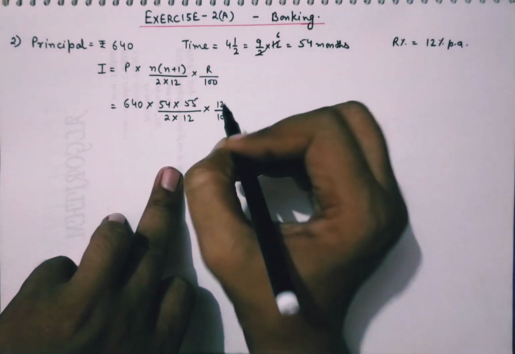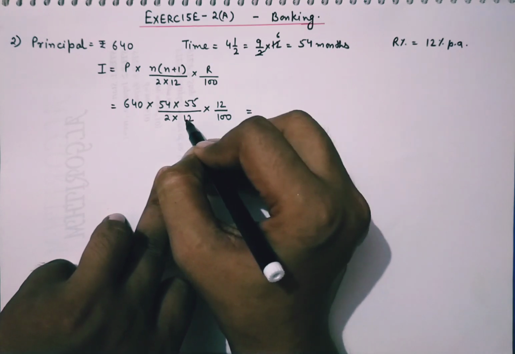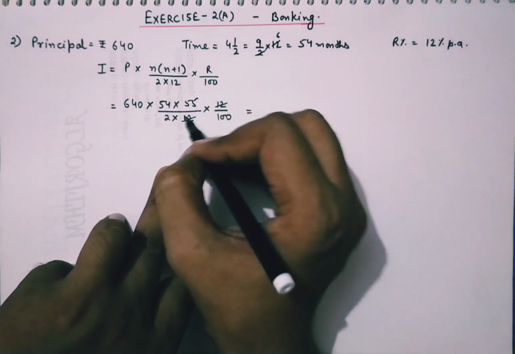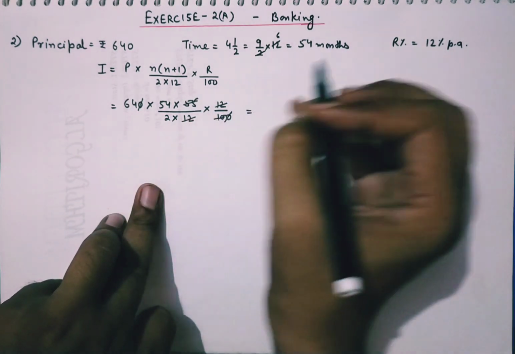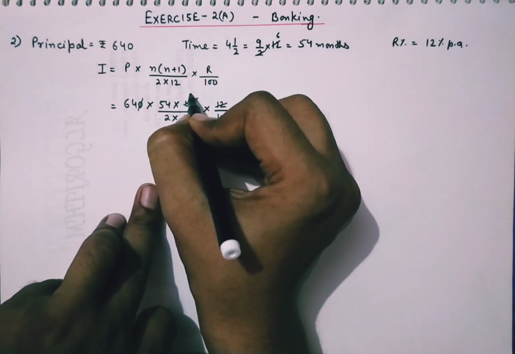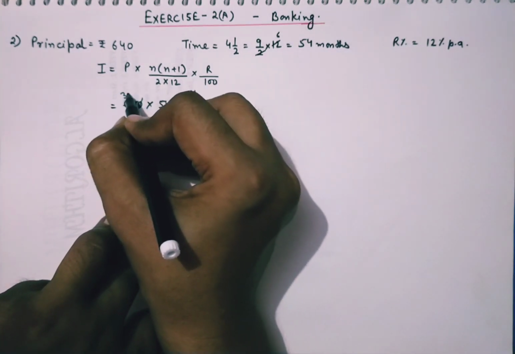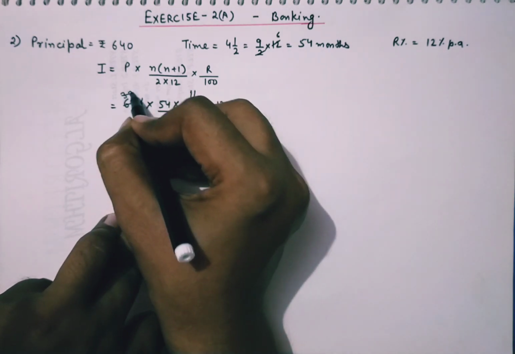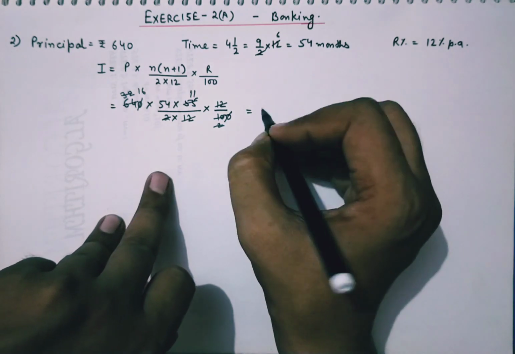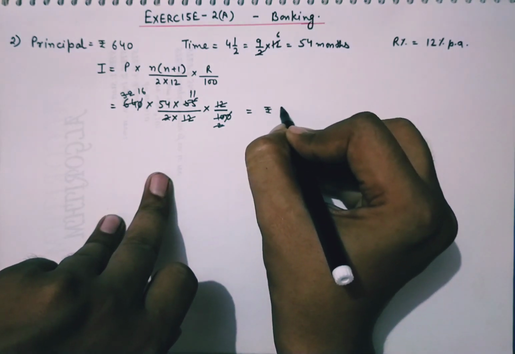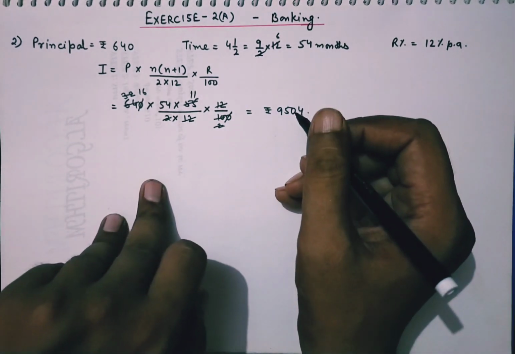Now we can solve it. On multiplying 16, 54 and 11, we get rupees 9504.